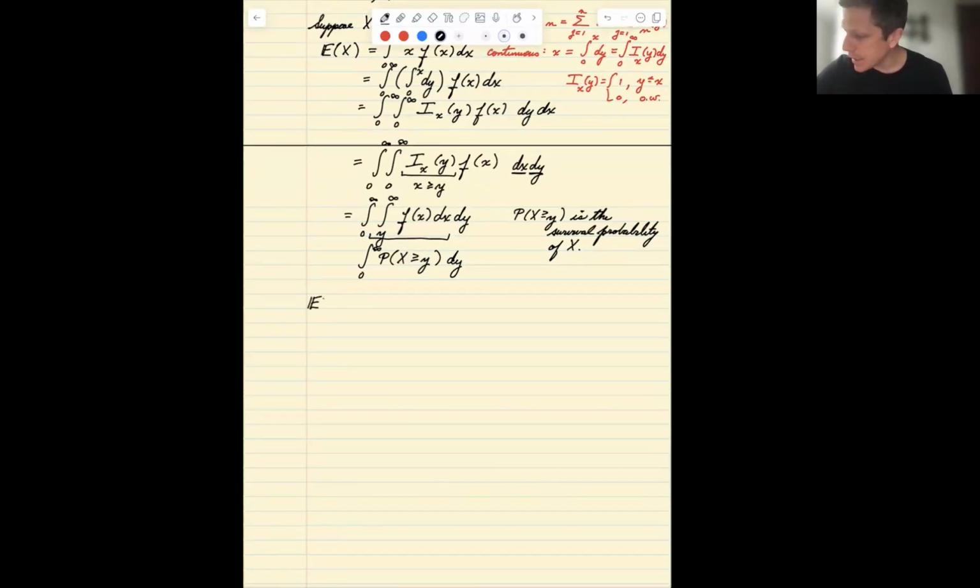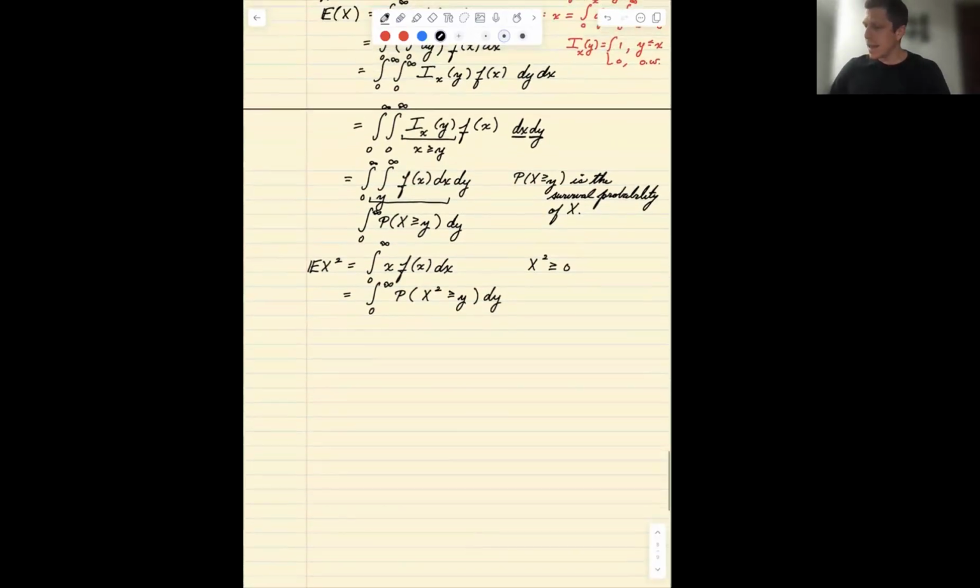Using the same ideas, we can calculate the expectation of x squared, the integral from 0 to infinity of x squared f of x dx. But remember, x squared is always bigger than or equal to 0, so we can utilize exactly what we had up above and say this is equal to the integral of the probability that x squared is bigger than or equal to y, dy.